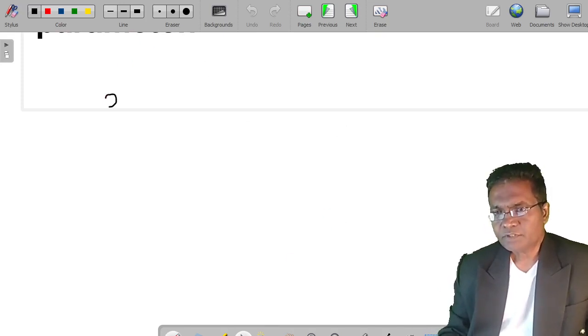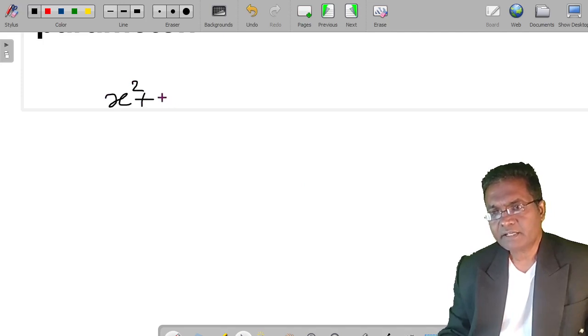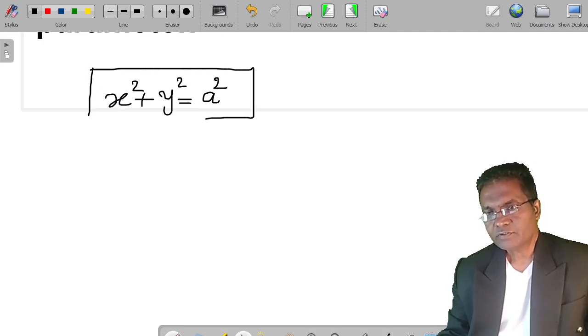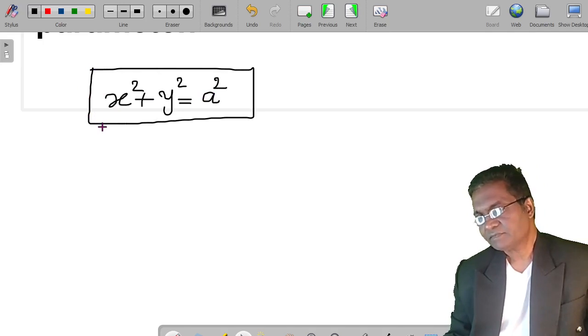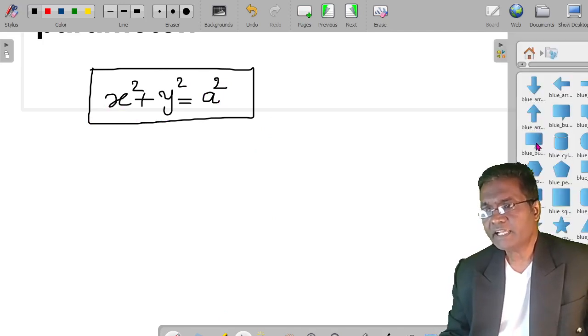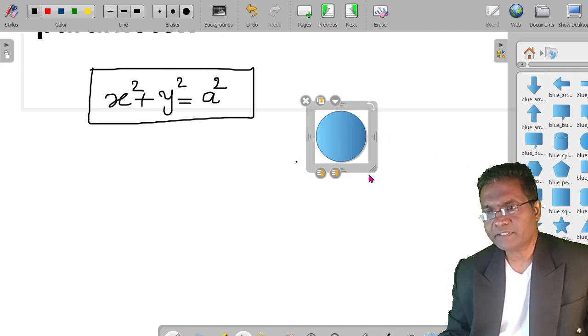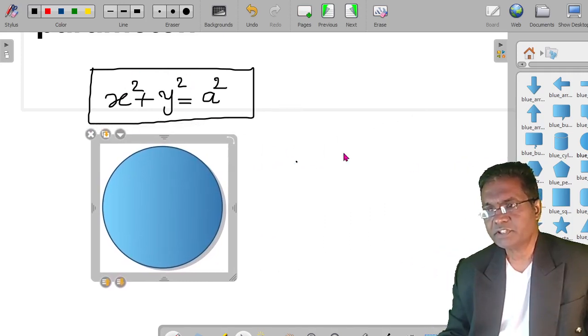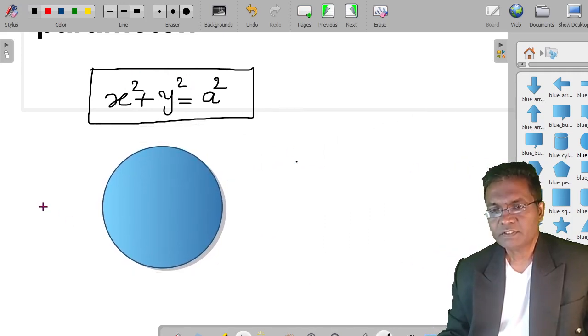For example, if you look at this: x square plus y square is equal to a square. What is this? This is the equation of a circle with center at origin and radius a.